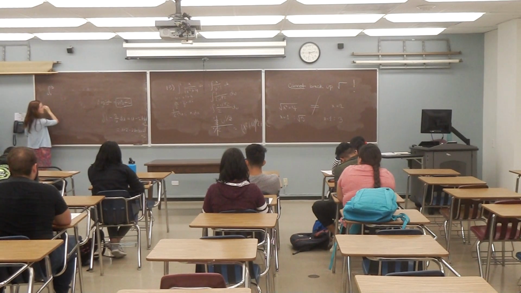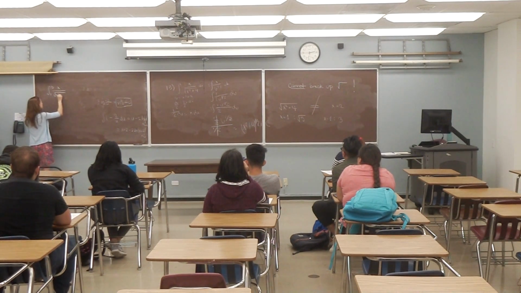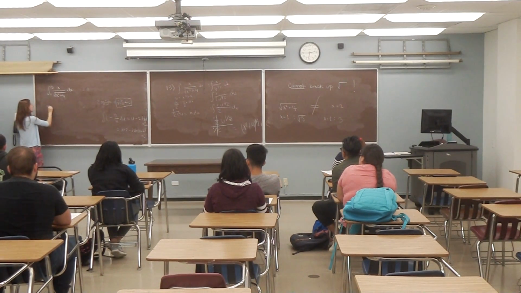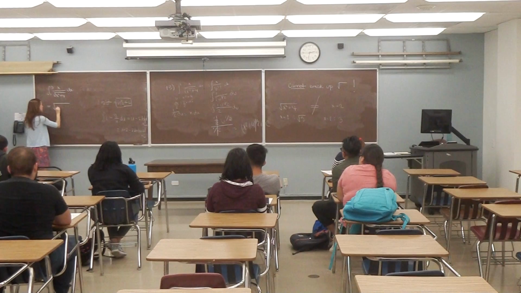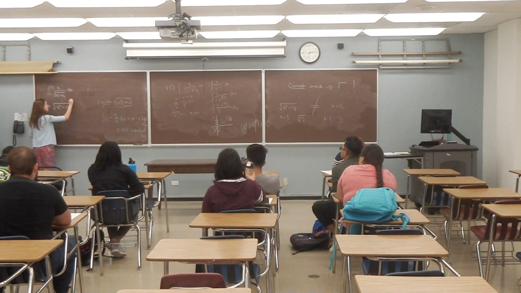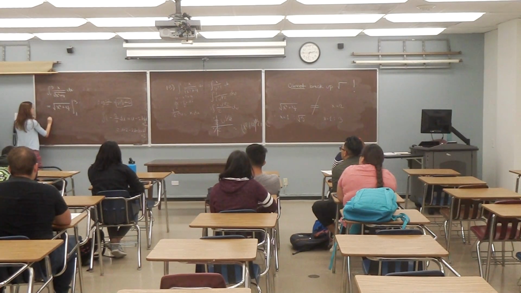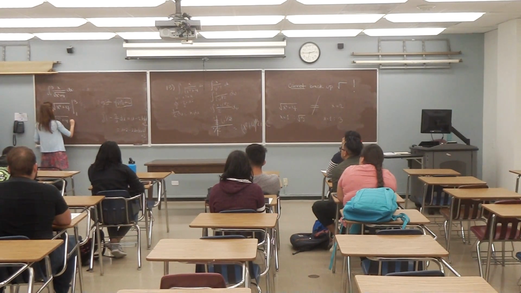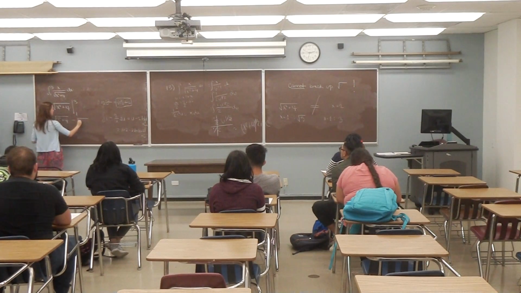So let me just rewrite this. And say that we know that this is going to be square root of x squared plus 4. And we plug in the top bound first. And then what do we do? Subtract what? The one with the 1 plugged in.